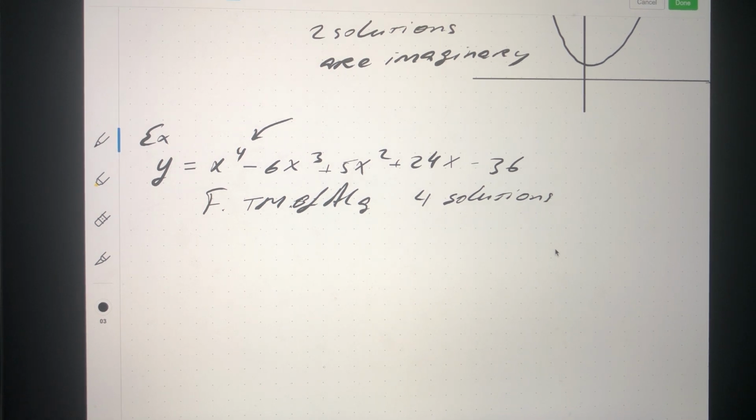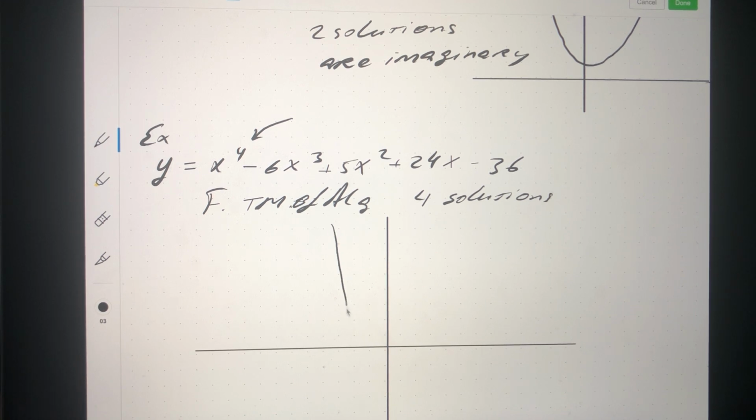How come? If we were to look at this diagram closer, it would come up like this, and then make a comeback, cross, and then bounce back.